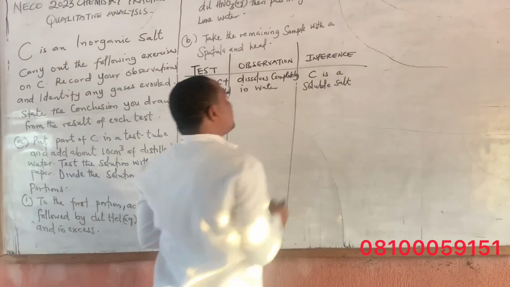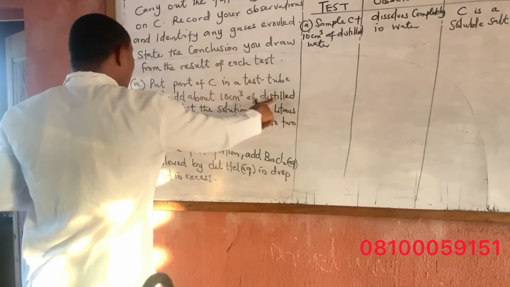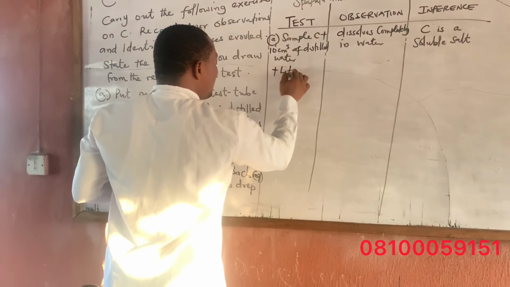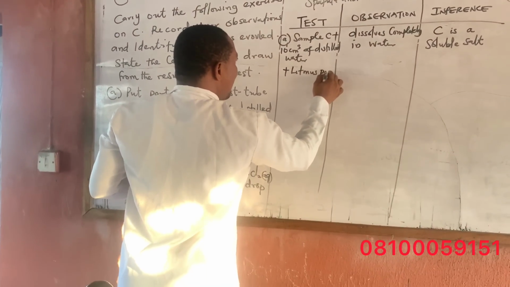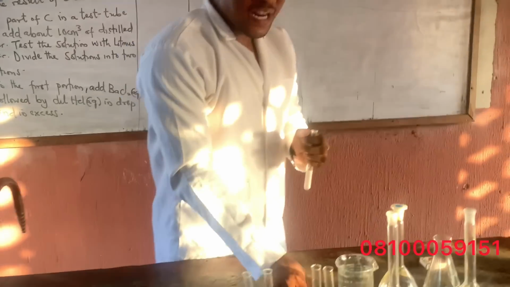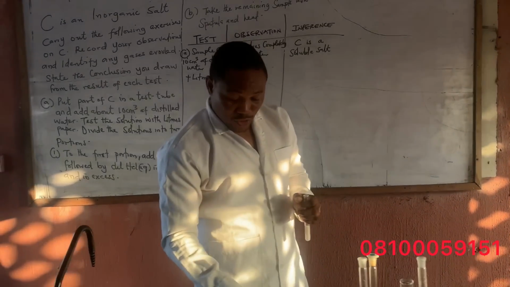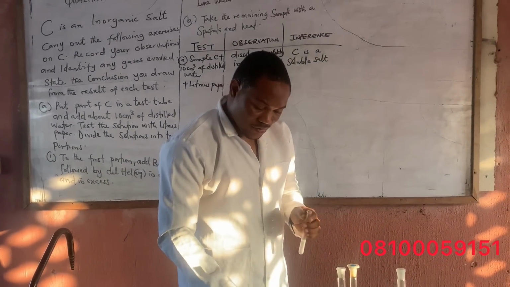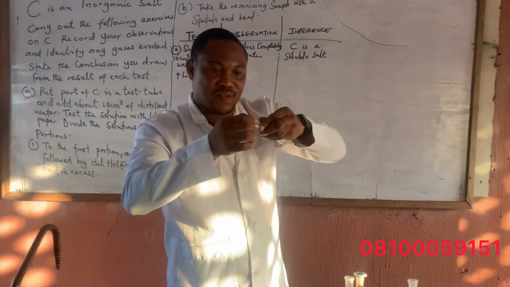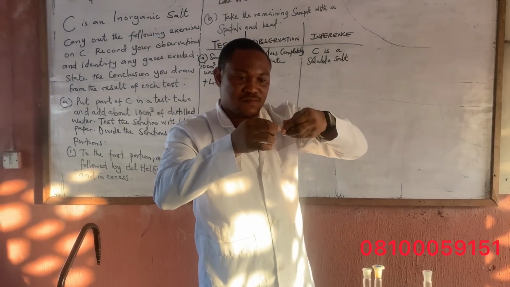This is clear? Okay, so they said add 10 cm³ of distilled water, test the solution with litmus paper. So plus litmus paper. Definitely, if it has effect on blue, it will not have effect on red. If it has effect on red, it will not have effect on blue. So I'm using my red. Let's see. Come closer.